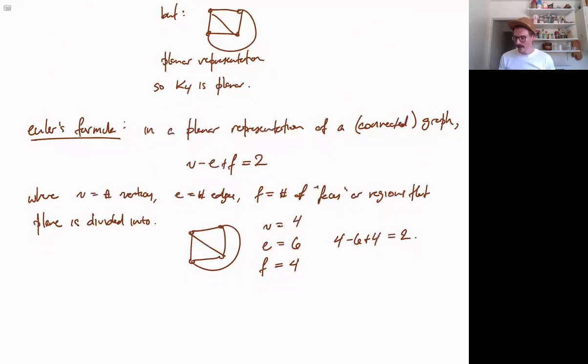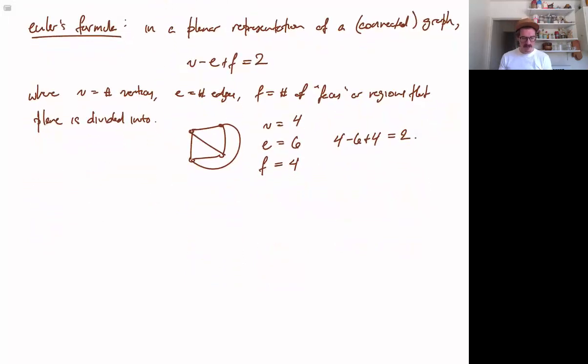So let's prove this. We're essentially going to prove this by using our vertex and edge operations to adjust our graph in a way that does not mess up this formula. So here's a proof. Start with a planar representation, which we are given in the statement.